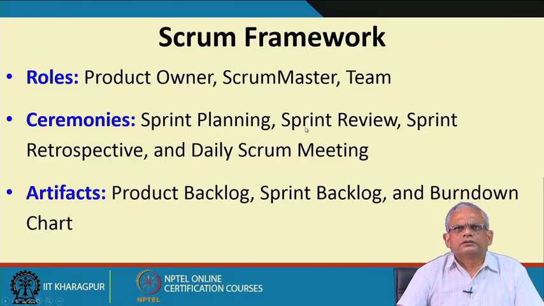Here the work that has been completed during the sprint is reviewed. The sprint retrospective meeting is conducted at the end of the sprint, after the sprint review meeting and before the next sprint starts or the next sprint planning meeting. And here any reflections on what could have been done, what is required to be done, etc., are discussed.